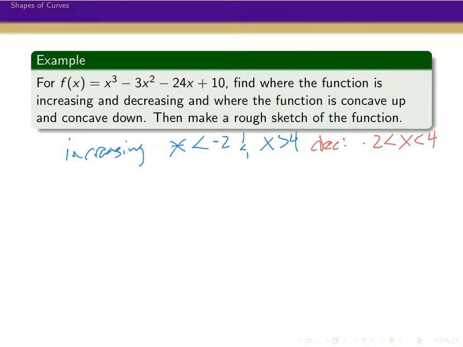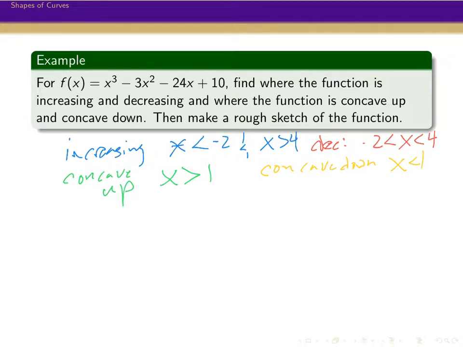We have that it is concave up when x is bigger than 1, and concave down when x is less than 1.